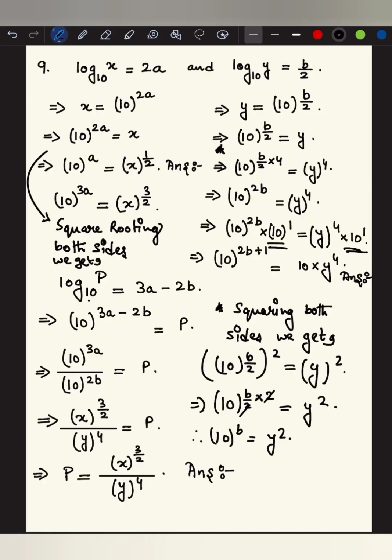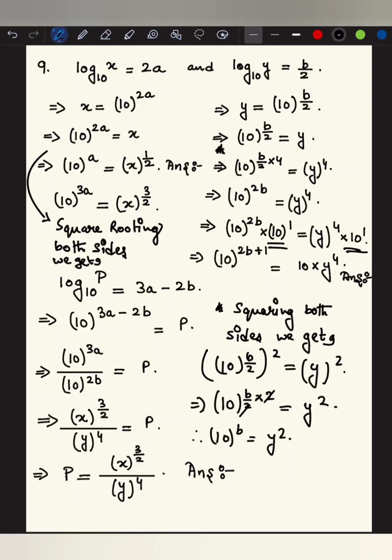So we get 10 to the power 3a minus 2b is equal to p. We can break this 10 to the power 3a minus 2b down as 10 to the power 3a divided by 10 to the power 2b.